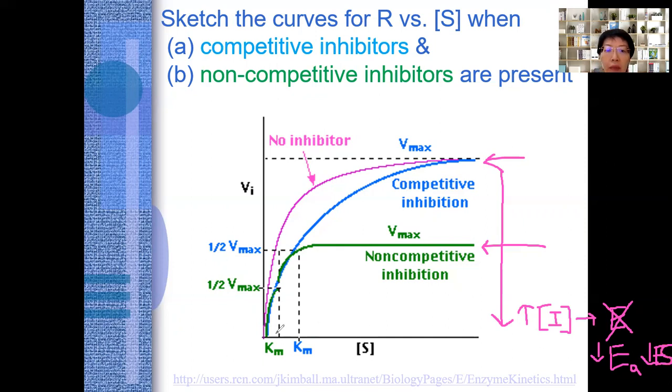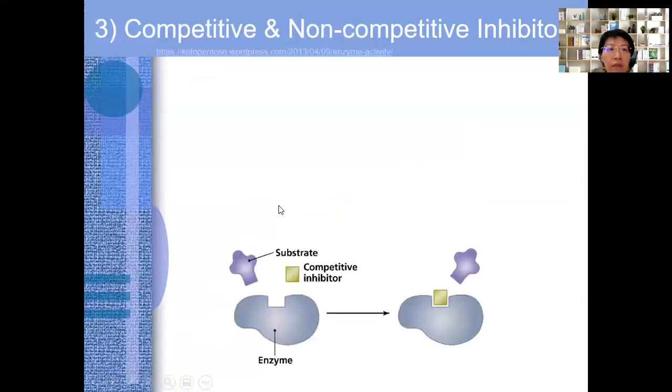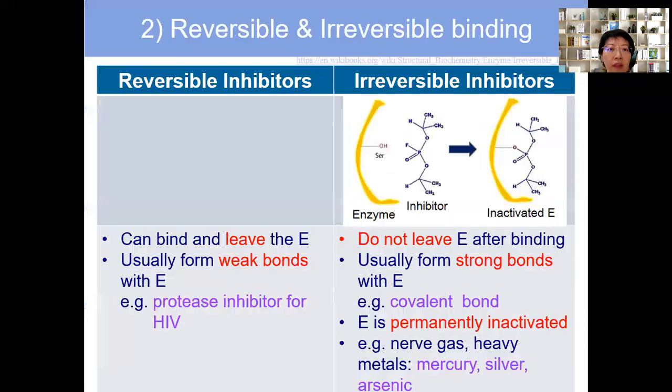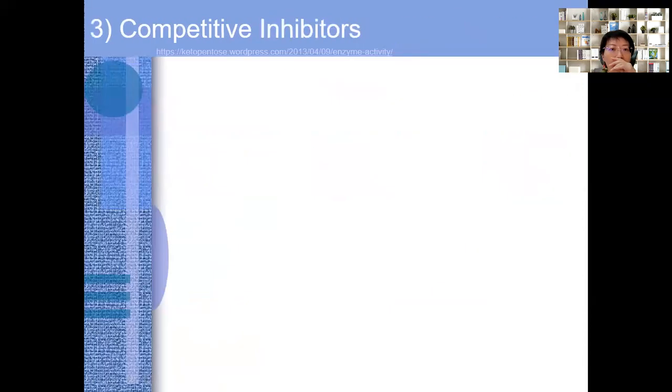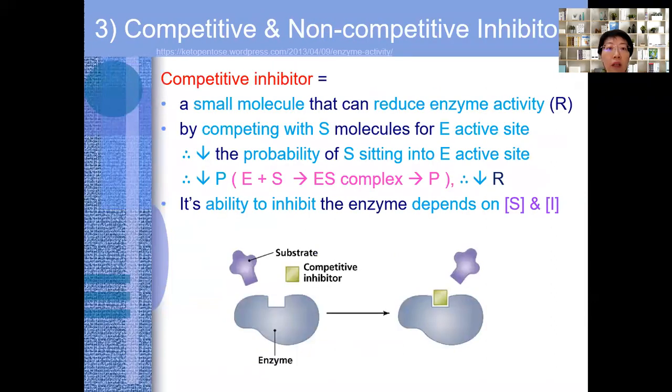It's the same thing, but the Vmax will actually be lower, depending on the concentration of inhibitor that you use. So this one is what you need to draw into your notes. Now, for the non-competitive inhibitor, hello, here. I've added this point also for competitive inhibitor.